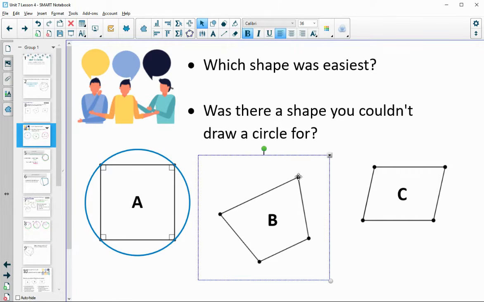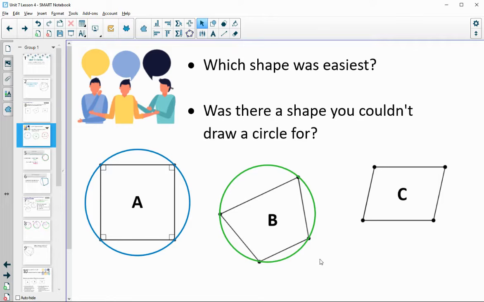Hopefully you got one around this trapezoid as well. And then was there any shape that you couldn't draw the circle for? So maybe this C, you couldn't actually find one. And we'll look into why that is throughout the lesson.